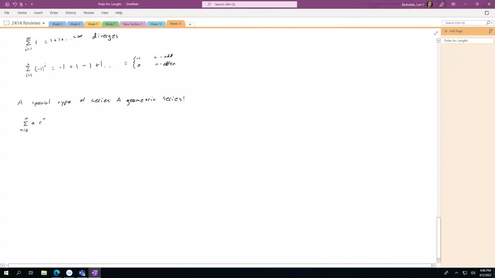And if we wrote this out, it would be A plus AR plus AR squared plus AR cubed plus and so on, right? Or we can say that A is the value of our first term, and we call this R value the ratio.